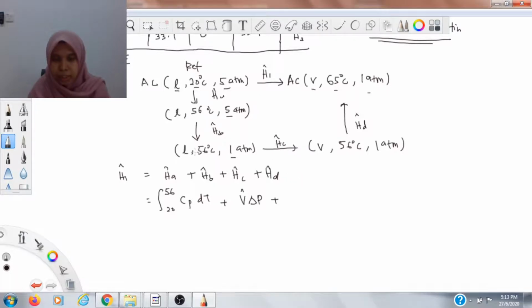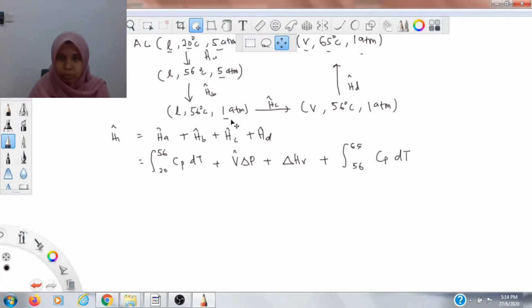Here it is liquid to vapor, so you have to determine the acetone heat of vaporization from the table. That is for HC. How about HD? Again, the change is in temperature, so we use the formula for enthalpy with temperature change. T2 is 65, T1 is 56. Again, we get this integral of CP dT.